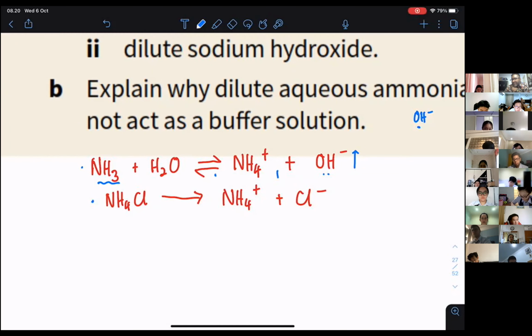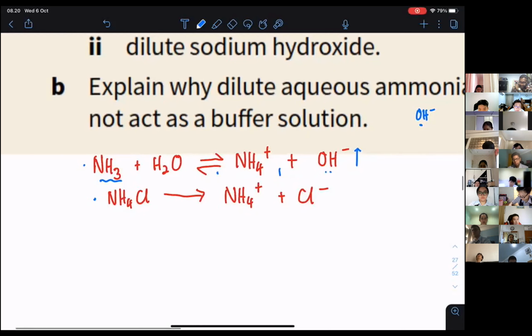The only way to decrease it is by moving it to the left. When that happens, OH minus comes back to the original situation. So no problem, that is fixed. But this is going to decrease.